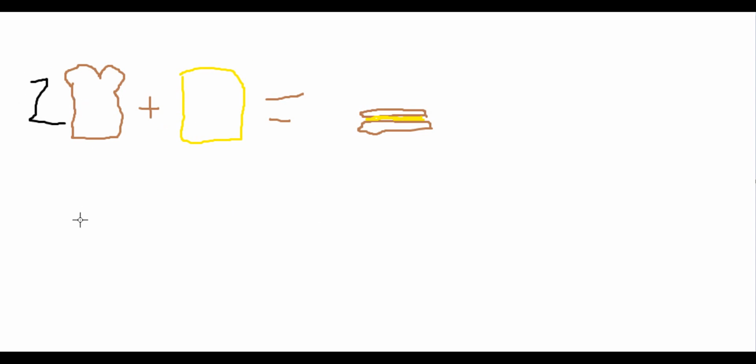We have 2 pieces of bread plus 1 piece of cheese equaling a grilled cheese sandwich. Now this is very similar to any other chemical equation, except instead of chemicals we're just using everyday household food products.